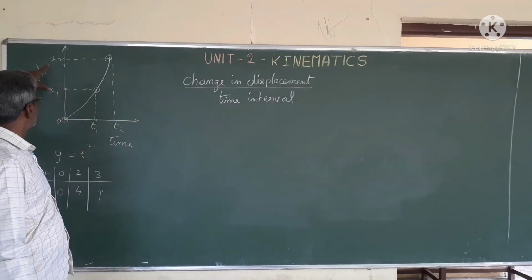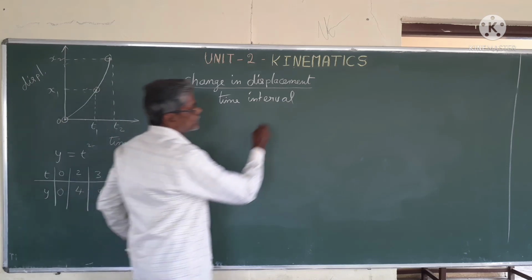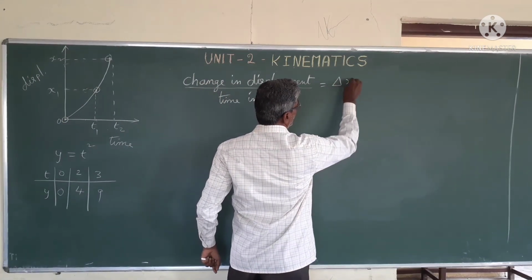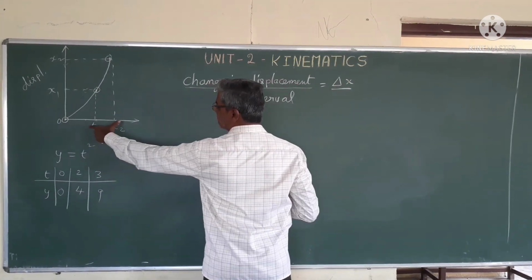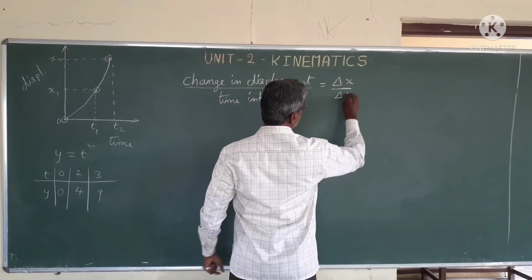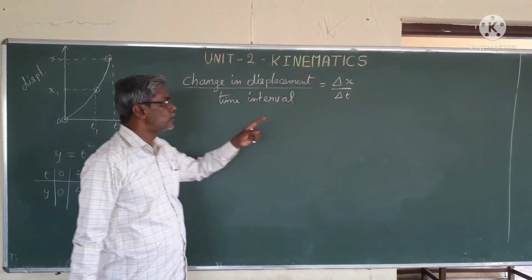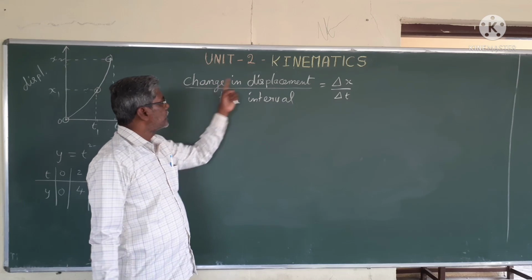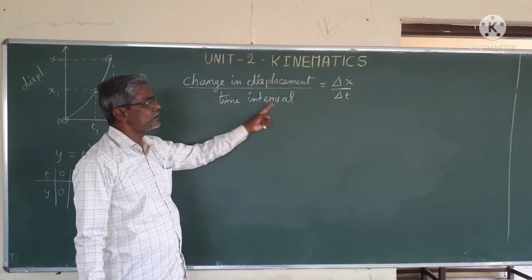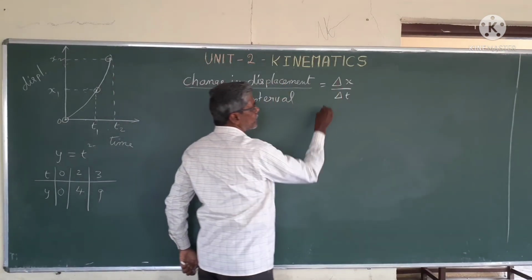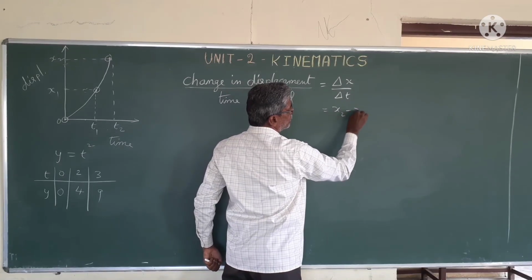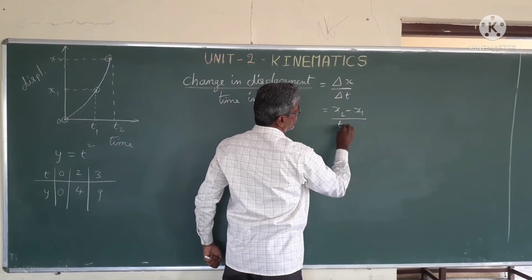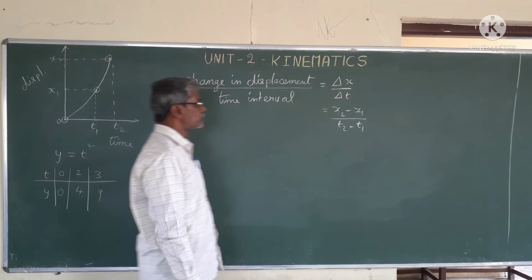What is change in displacement? Delta x. Change in time interval, delta t. This is nothing but what? Slope. So slope is equal to what? Change in displacement by time interval. This how I can write: x2 minus x1 by t2 minus t1.